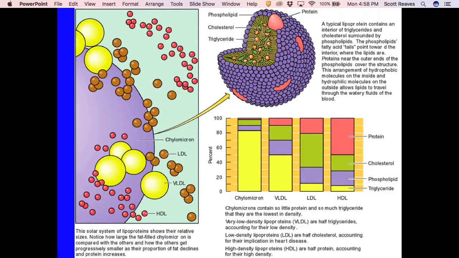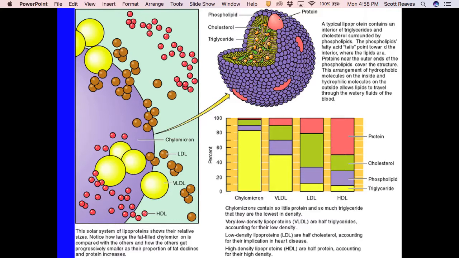Now, you can see, for example, HDL is very small with quite a bit of protein, so they're relatively dense. But look, LDL and HDL both have a lot of cholesterol.